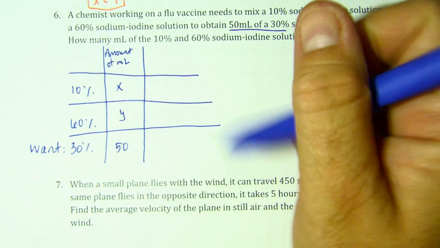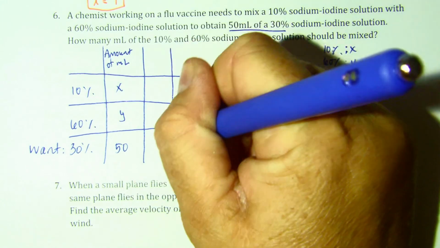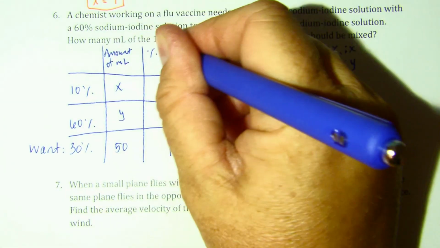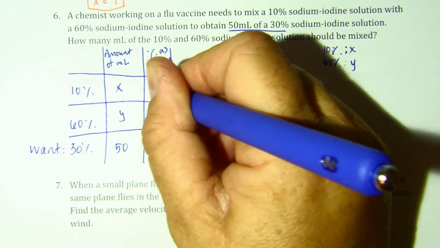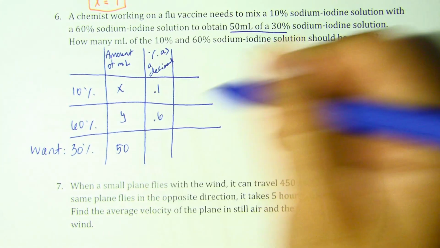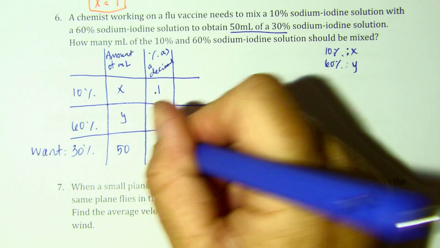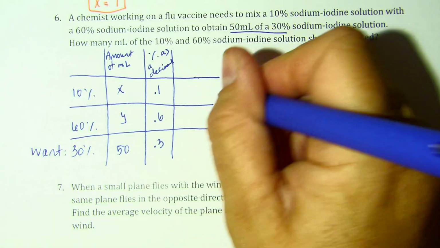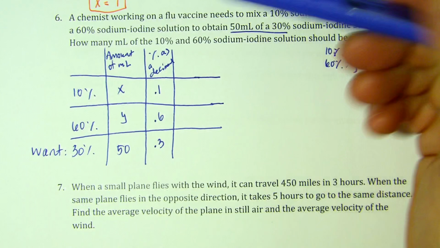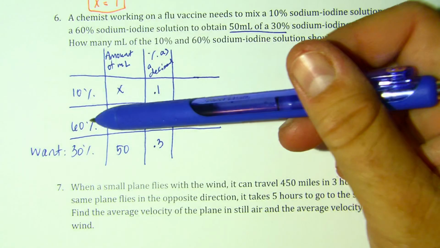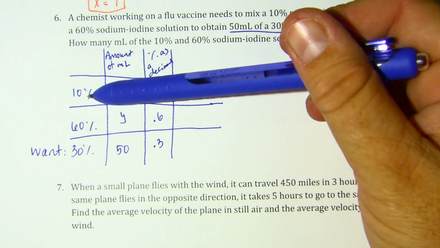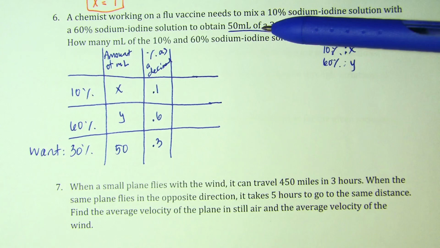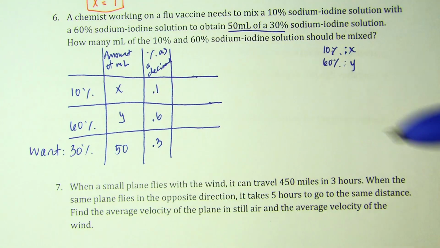Now, we have these percents as percentages, but we want our percent as a decimal. So 10% would be 0.1, 60% would be 0.6, and 30% would be 0.3. And then these mixtures, it's a 10% solution, a 60% solution, and a 30% solution of sodium iodine. 10% means that 10% of that mixture is sodium iodine. The rest of it is water.